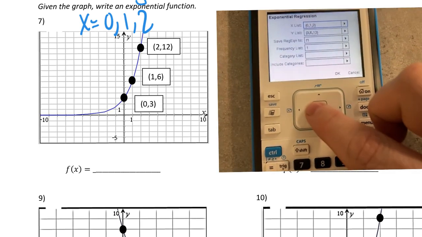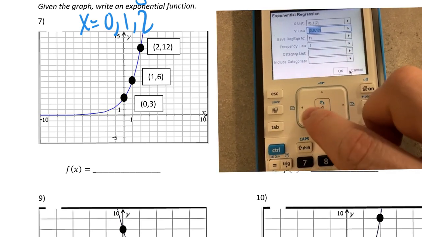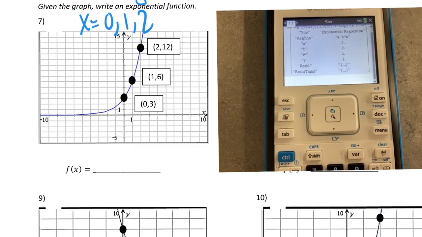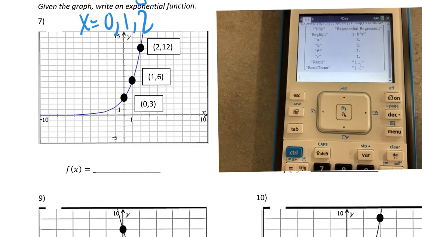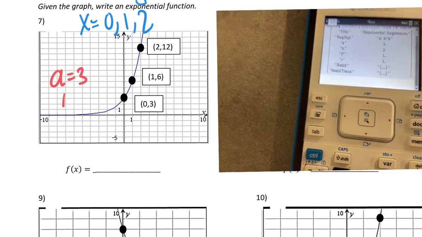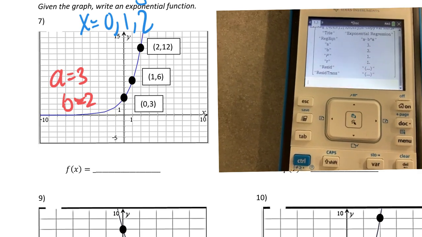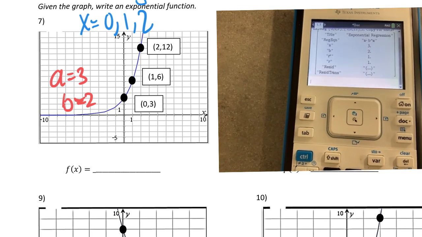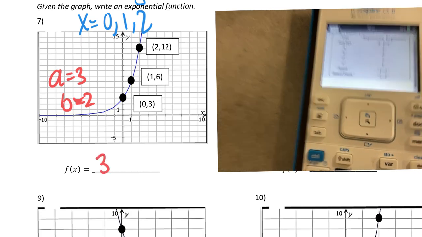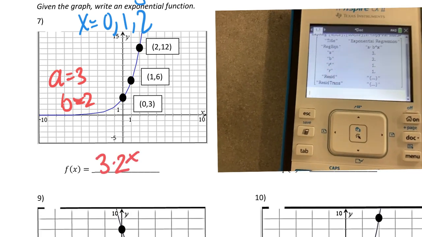There we go. It's always good to double check. Hit OK. A is 3 and B is 2. Let's write that down. A is 3. B is 2. So f of x would equal 3 times 2 to the x. And there's your function.